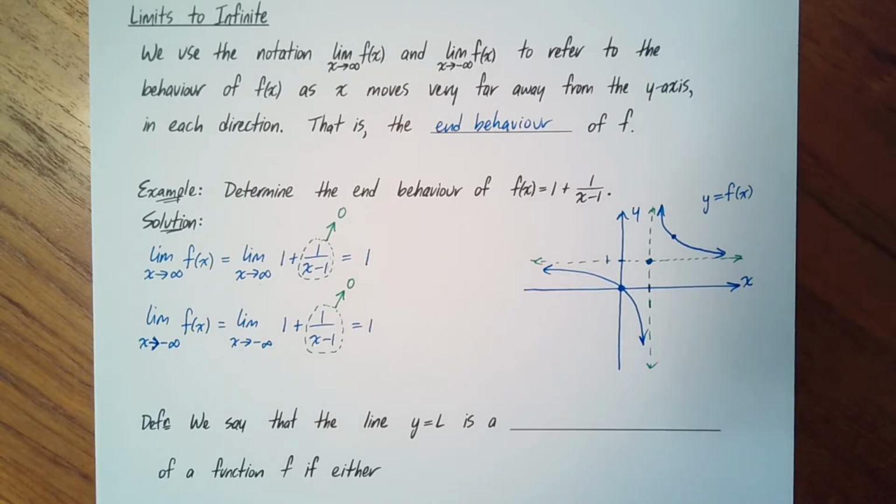So this actually gives us a way to really precisely define a horizontal asymptote.